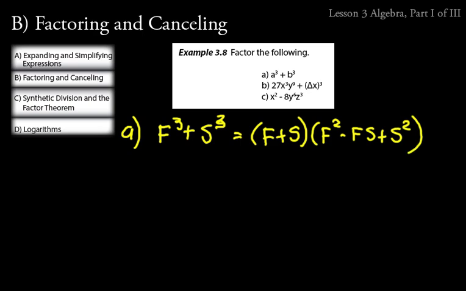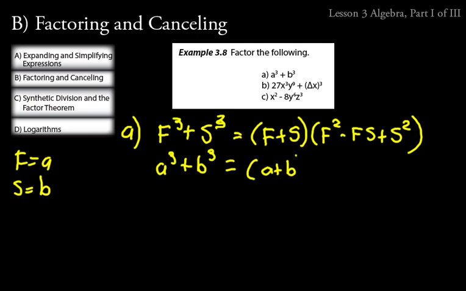So we have a cubed plus b cubed is equal to, with that first term f equal to a, second term just b, a plus b times a squared minus a b plus b squared.